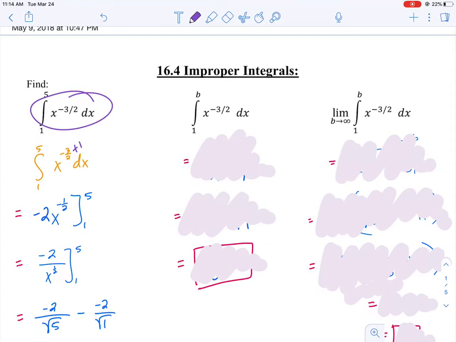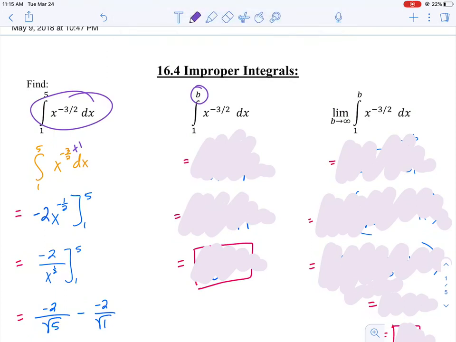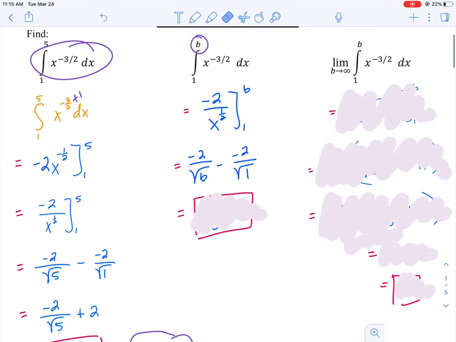Okay. So then what if I took that same exact problem, but instead of integrating it from 1 to 5, I integrated it from 1 to any number, let's say 1 to b. Doing that same process, I could find the antiderivative just like I did before. We're evaluating it from 1 to b.